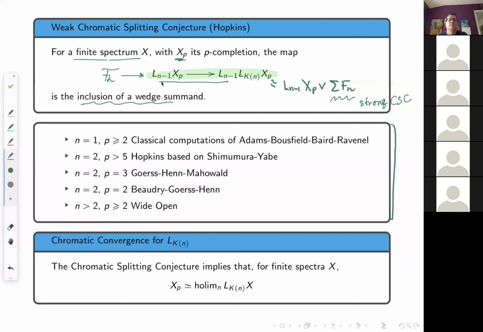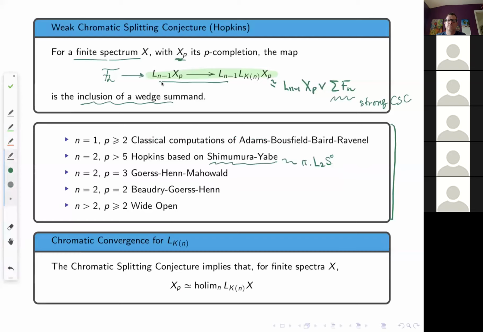Now, if n is equal to 2 and p is greater than 5, this is due to Hopkins, who was studying the calculations of Shimomura and Yabe. They computed pi_* of L_2 of S at primes bigger than 5.